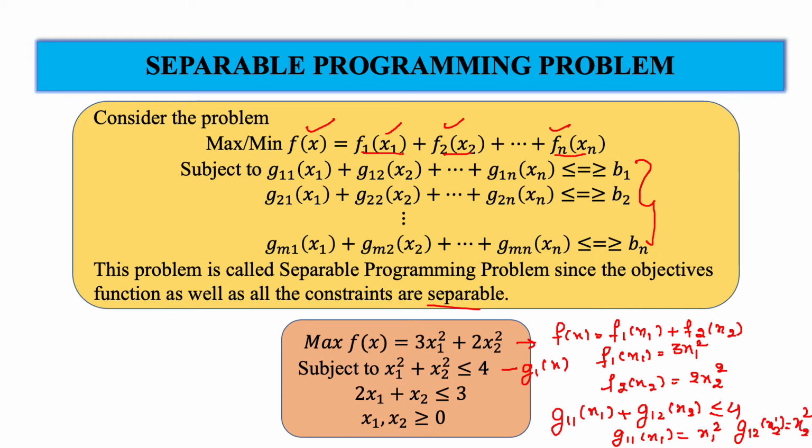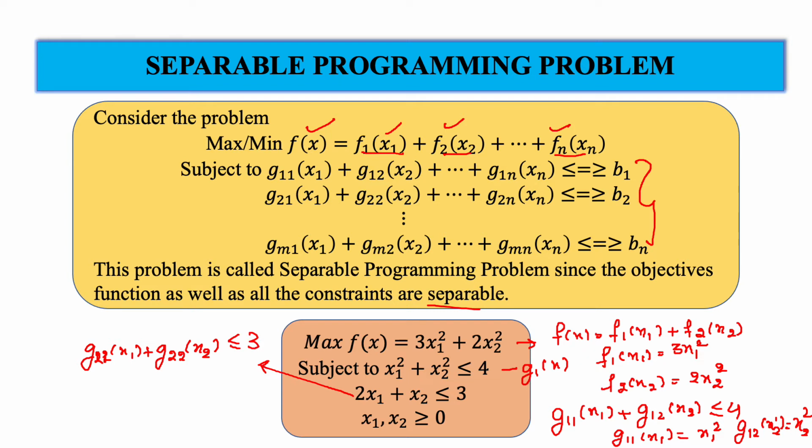Similarly, our next constraint can be written as g21(x1) plus g22(x2) less than or equal to 3.